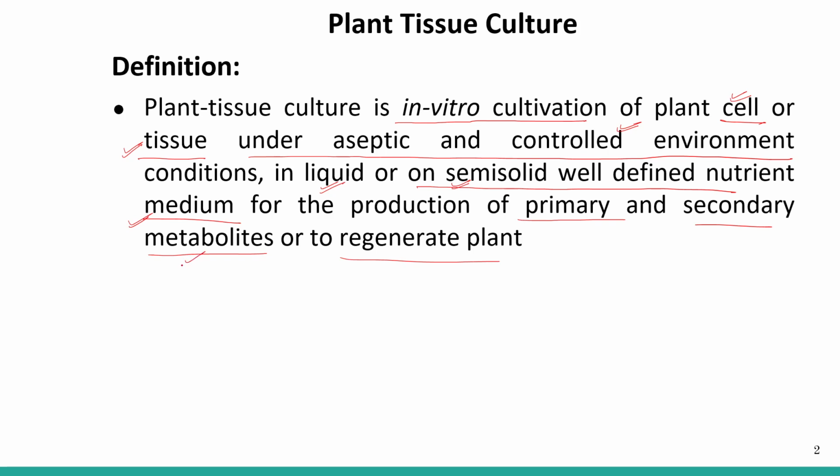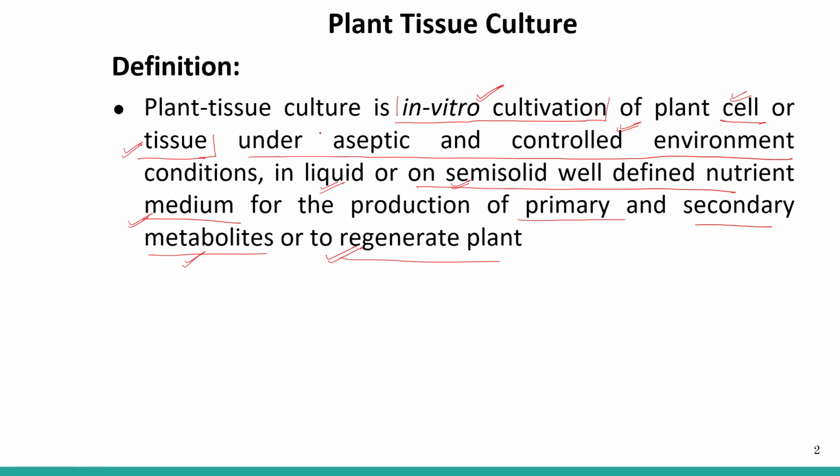So primary and secondary metabolites are provided in the nutrient medium, and that helps to regenerate the plants from the cell or the tissue which we have taken from a particular plant. Plant tissue culture is an in vitro cultivation. In vitro cultivation means it is done in the laboratory, and that is totally in your control.